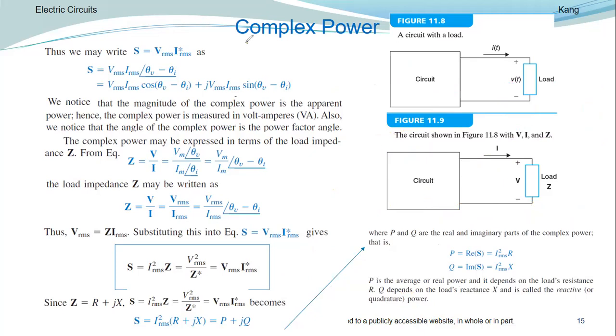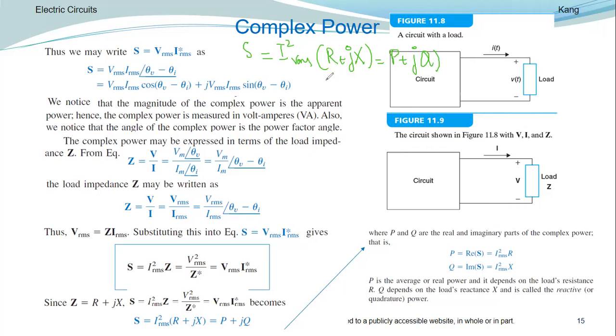As I write here, S equals I square root mean square with the value of R plus JX, which will be equal to P plus JQ.